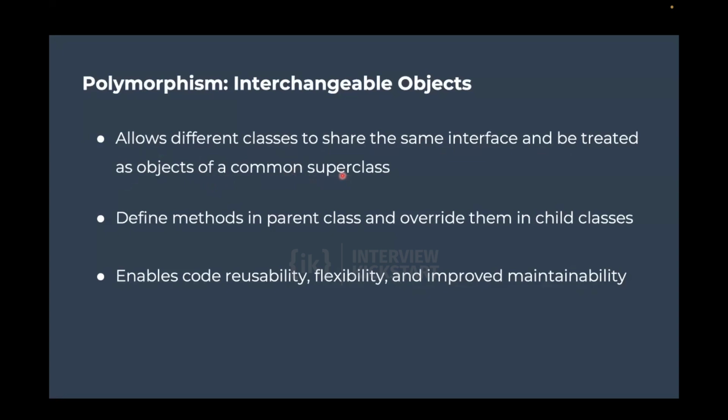Basically, you can have some template or the same method name for different inherited classes, and you can consider that as an interface where each subclass can define its own use case. So you define methods in the parent class and you override them in the child class. This is the idea of polymorphism, and it enables code reusability, flexibility, and improved maintainability.